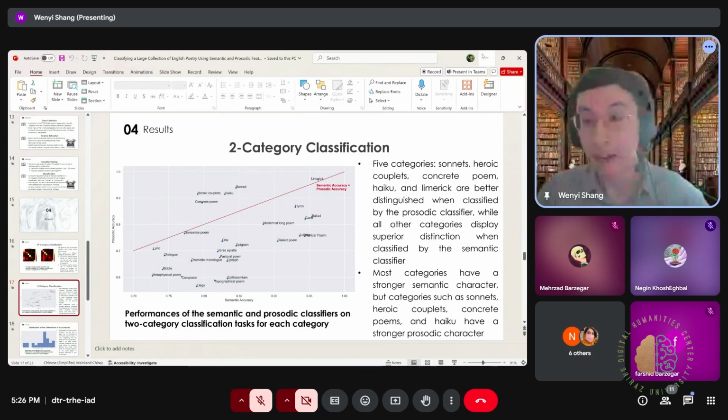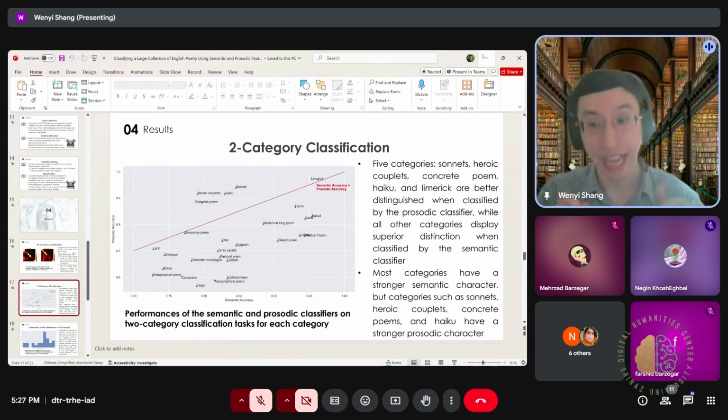Once again, five categories, sonnets, heroic couplets, concrete poem, haiku, and limerick, are better distinguished by the prosodic classifier, while all other 22 categories display superior distinction when classified by the semantic classifier. In other words, most categories have a stronger semantic character, but categories such as sonnets, heroic couplets, concrete poems, and haiku have a stronger prosodic character.